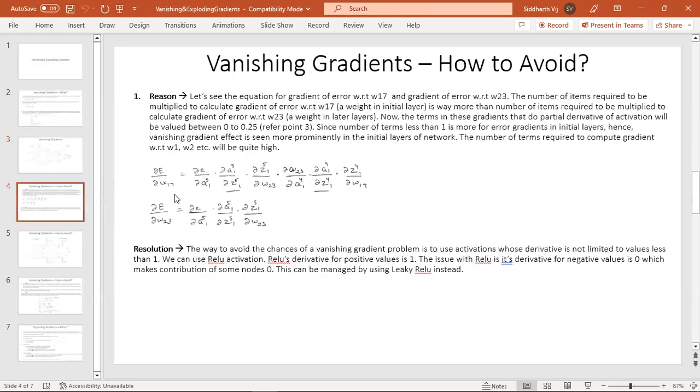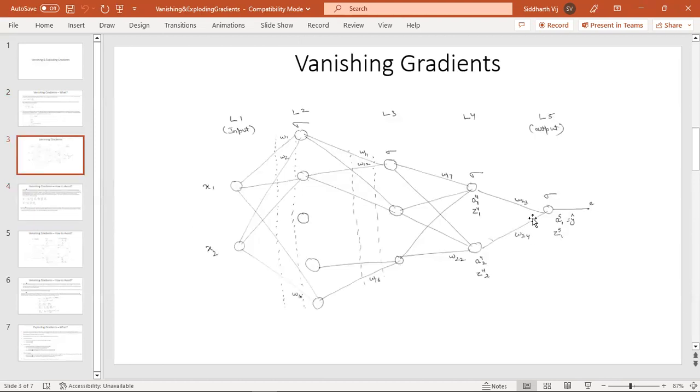Now what I need you to concentrate on is two things. When we calculate the gradient of error with respect to W23, what would be the path followed? This is the output error that will be computed on y hat. So your gradient of error with respect to W23 will follow the path as follows.